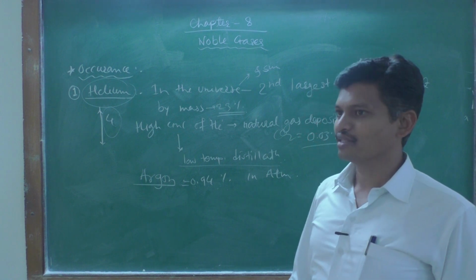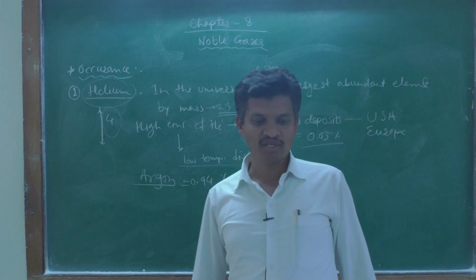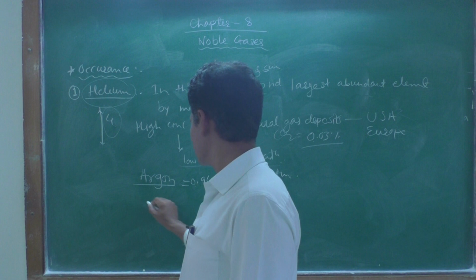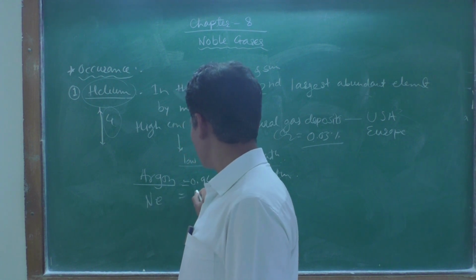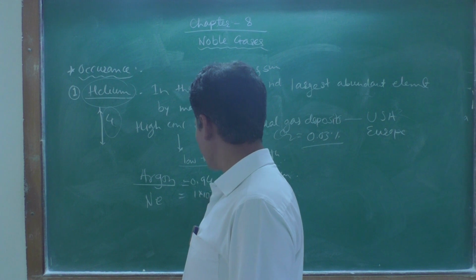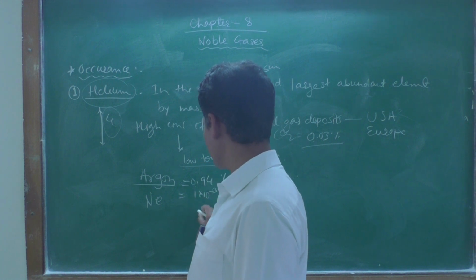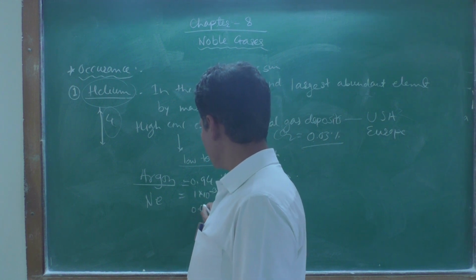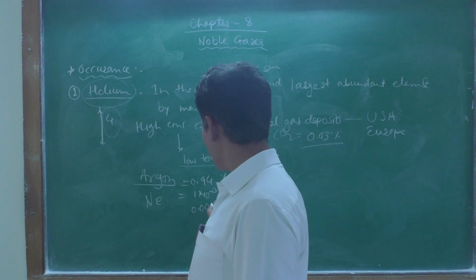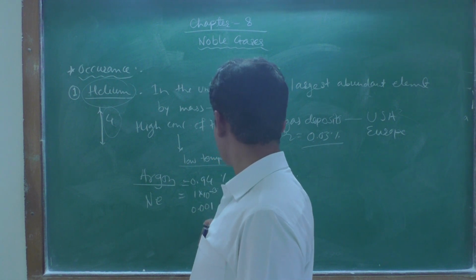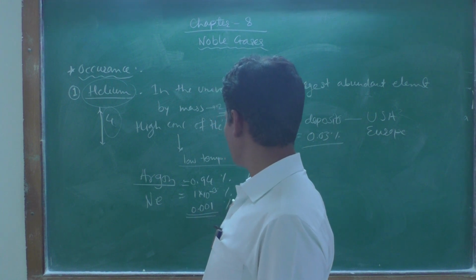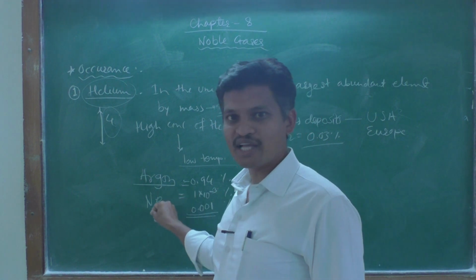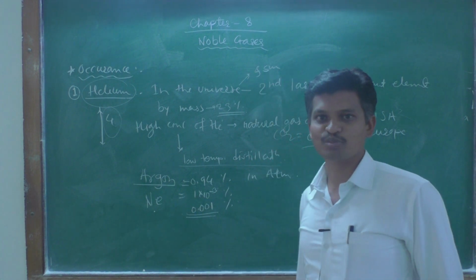After argon, neon is found to be 1 into 10 raised to minus 3%, that is 0.001% by volume in the atmosphere.